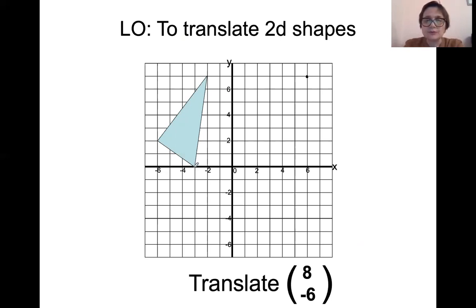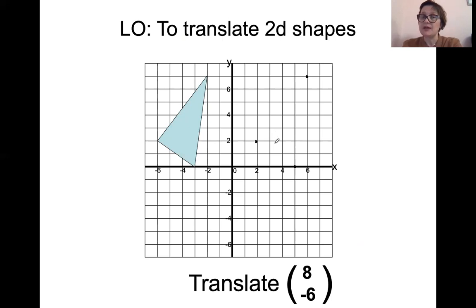This one is going to be 1 here, 2, 3, 4, 5, 6, 7, 8, right here. And then this one is again 1, 2, 3, 4, 5, 6, 7, 8. Now, this is if we move the shape to the right 8 units.